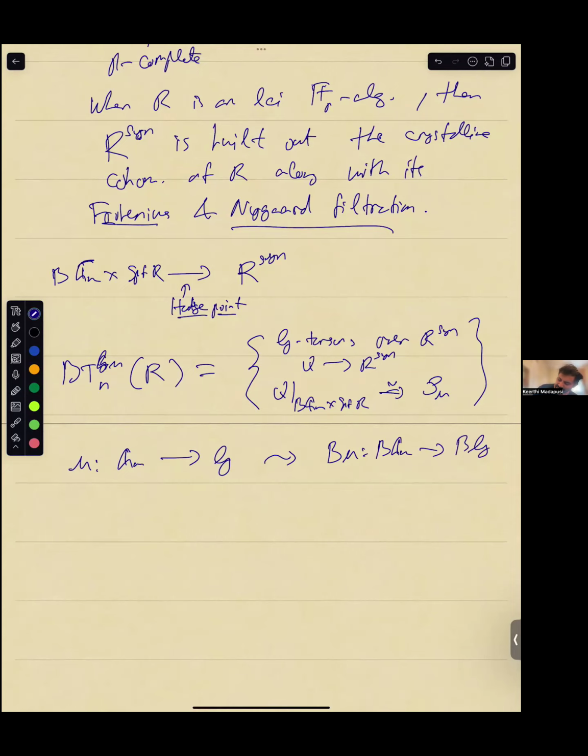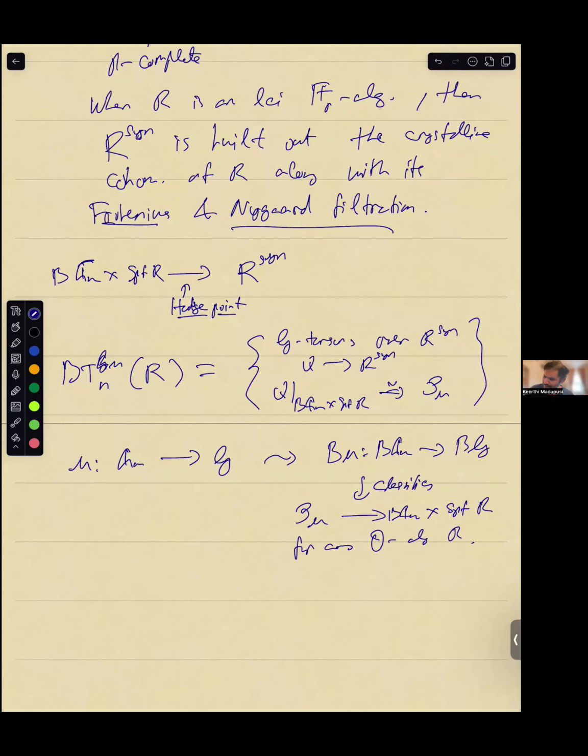This in turn classifies a canonical torsor, P_mu over BG_m times Spf R, for any O-algebra R. Anyway, this is the definition.